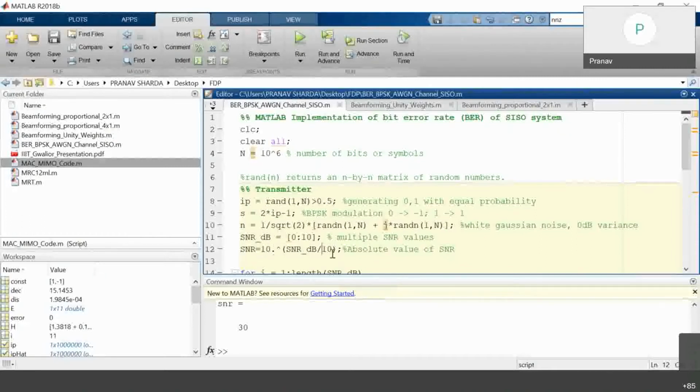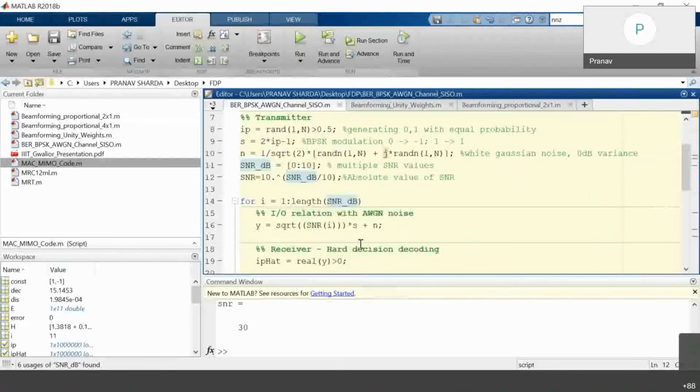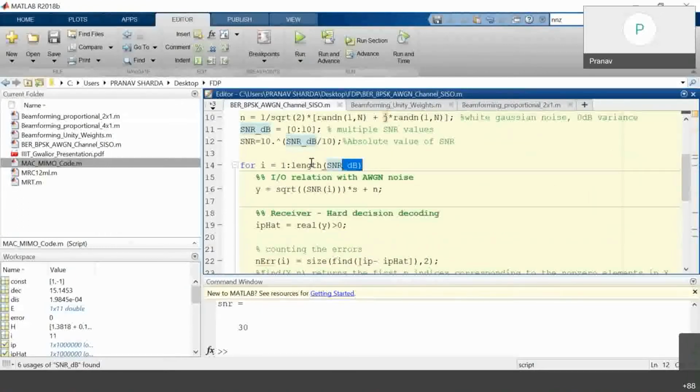It will be 10 raised to power SNR in dB by 10. Okay, all right. And then from here, we have a for loop because we will be having iterations corresponding to the SNR values, right? Whatever SNR values we have considered.